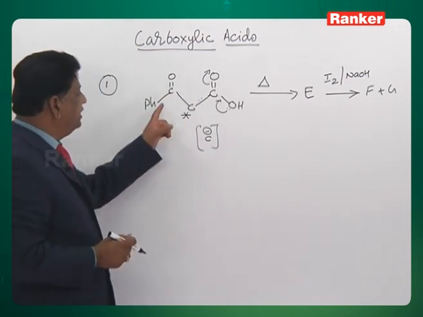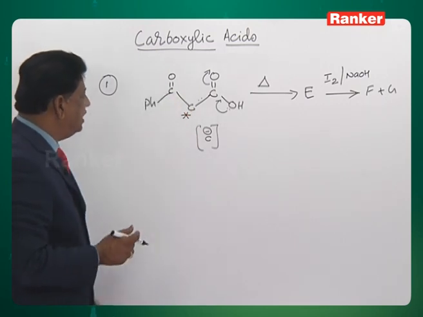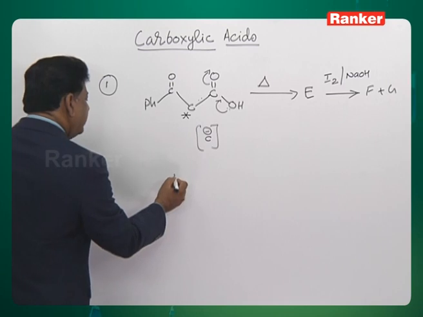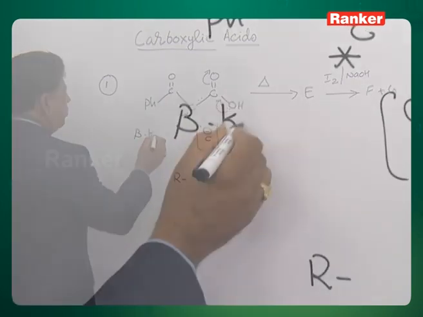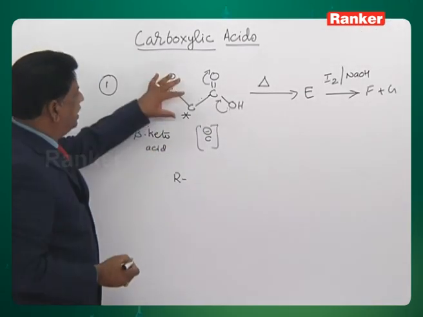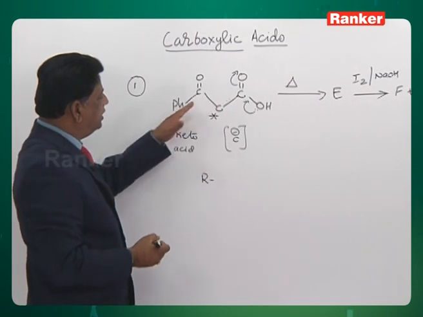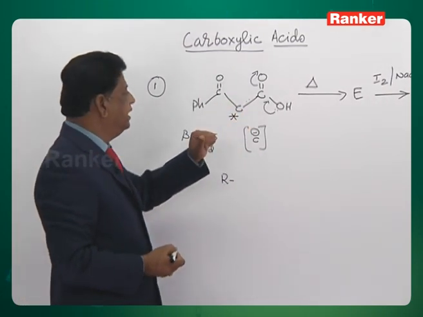So, that is why the anion formed here will have a resonance stabilization with this one, and we have another feature also. This is called a beta keto acid. Actually, in a long chain, if there is a halogen or any withdrawing group, the closer one is helpful for the decarboxylation.